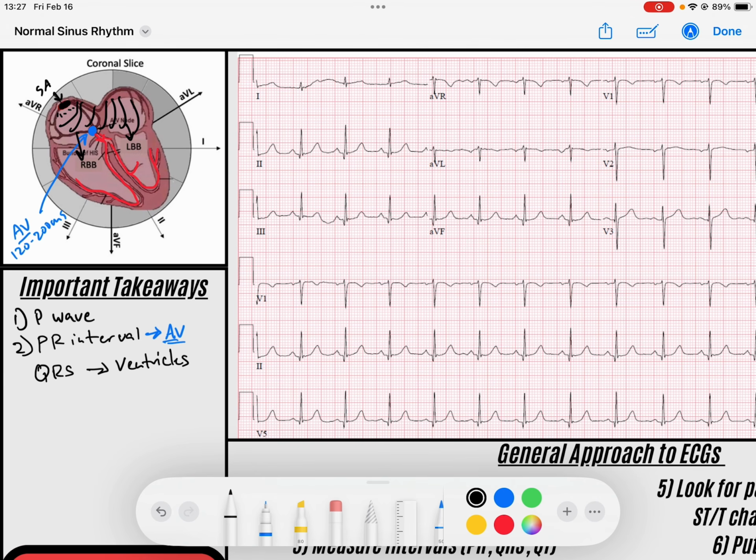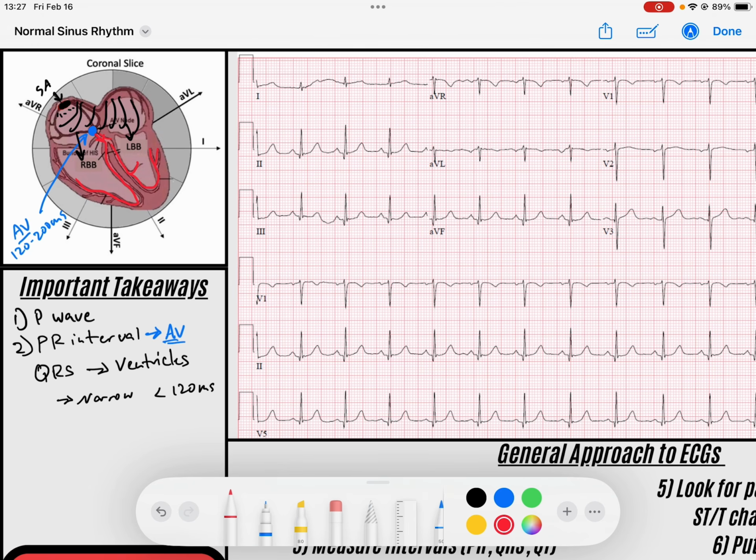And so we know that time is on the x-axis of our ECG. And so our narrow QRS, which is a QRS that is less than 120 milliseconds or 3 small boxes, tells us that the conduction throughout the ventricles is via these fast conducting fibers of the His-Purkinje system.